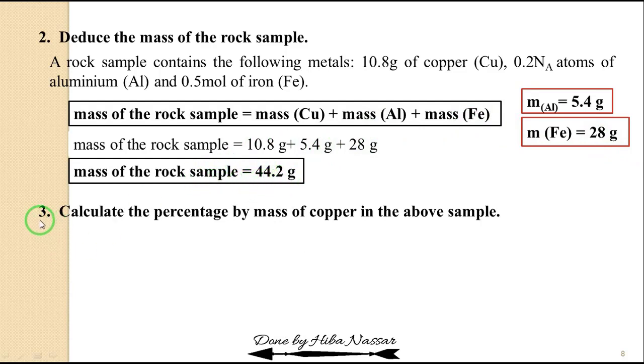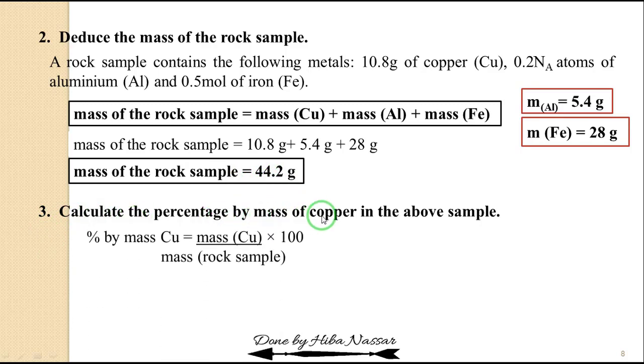Now question number 3, calculate the percentage by mass of copper in the above sample. I'm going to use the same formula: percentage by mass of copper is equal to the mass of copper divided by the total mass of the rock sample times 100.